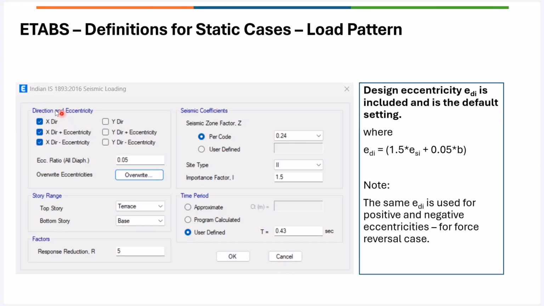You have this load pattern with the auto lateral load option for the Indian code IS 1893. And it allows you to select the direction and eccentricity in the same load pattern, or you can also consider different load patterns for each of these.